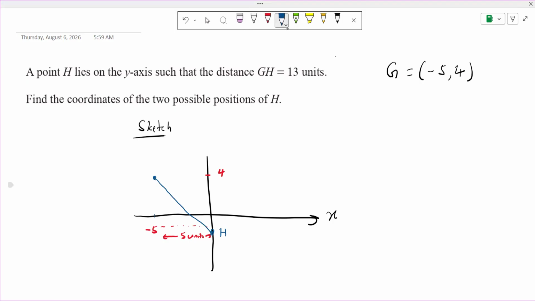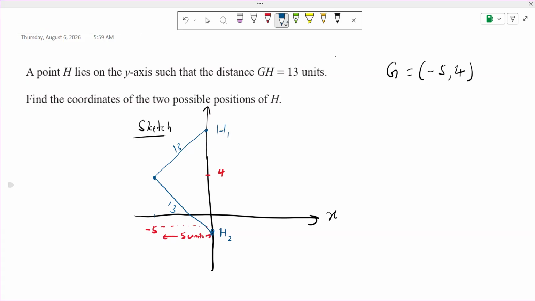And there are two possibilities: we can draw it upwards as well, because there are two lines which give a length of 13. So these will be H1 and H2.